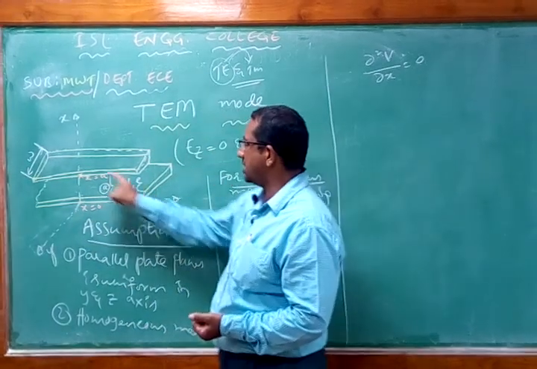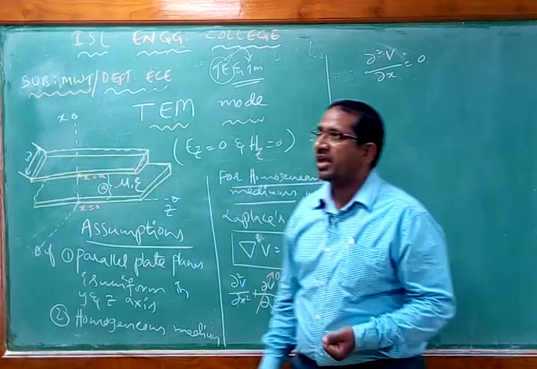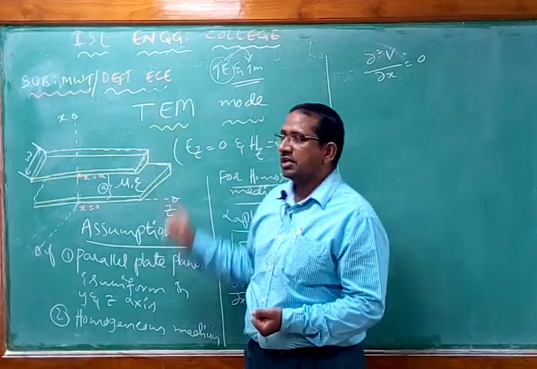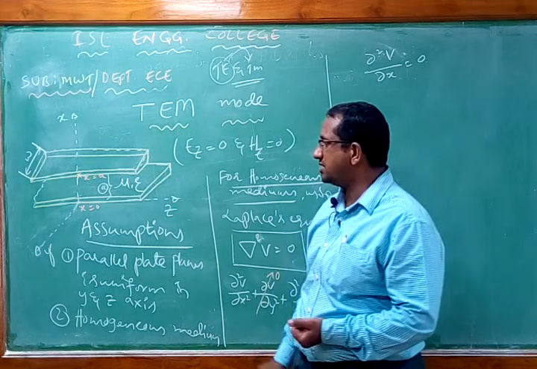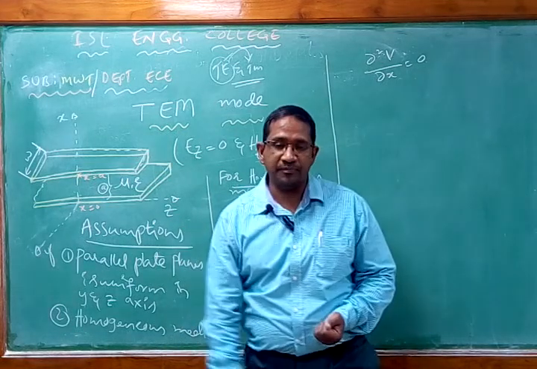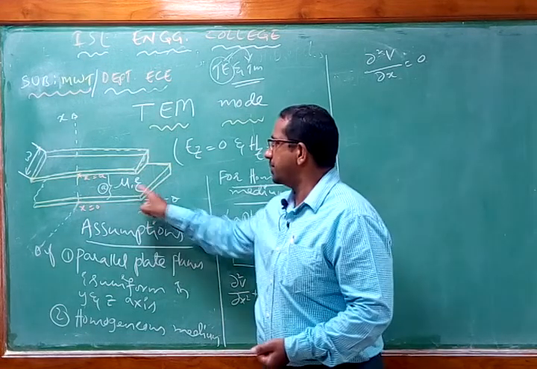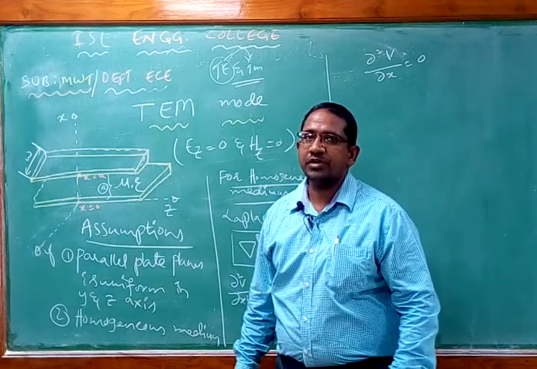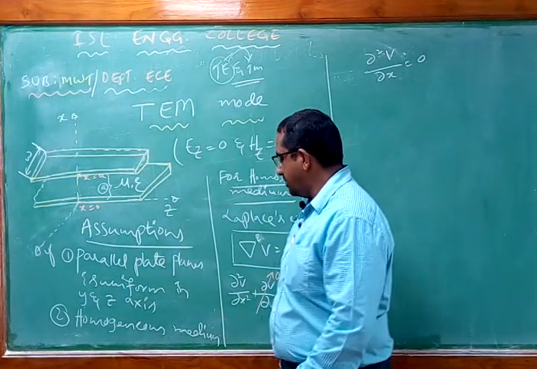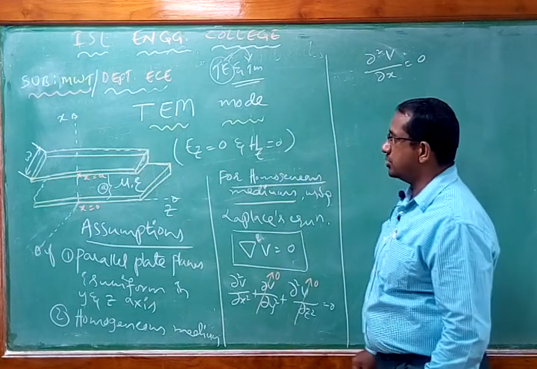That is why I can write this as x is equal to a. We are going to consider a homogeneous medium. When I consider a homogeneous medium, mu and epsilon will be constant. Therefore we consider a homogeneous medium.